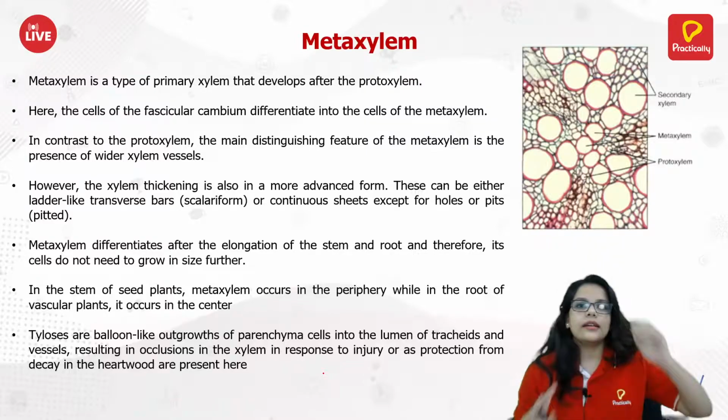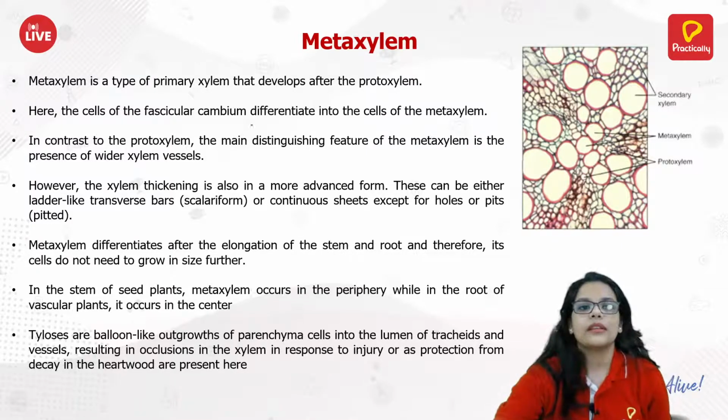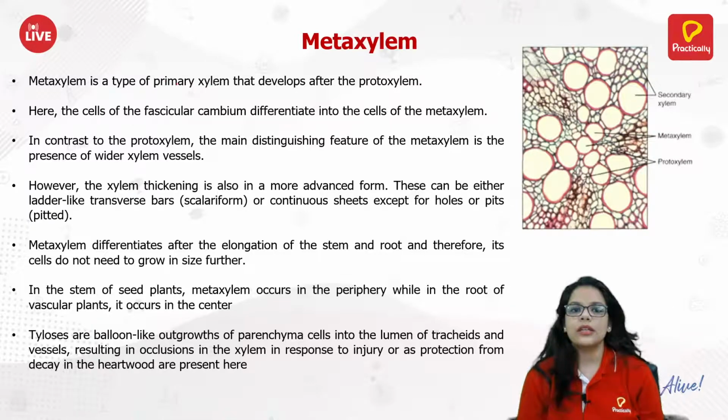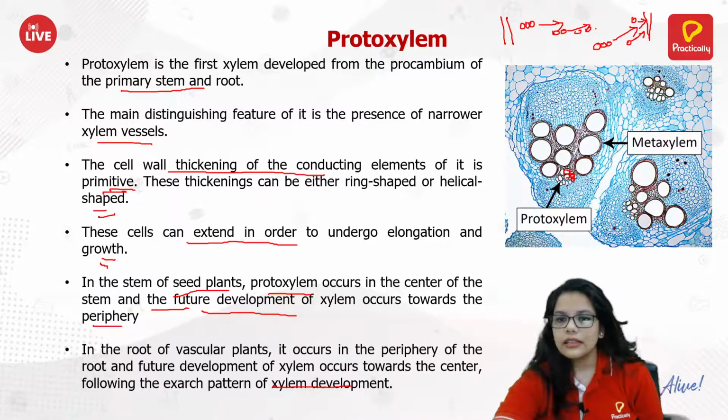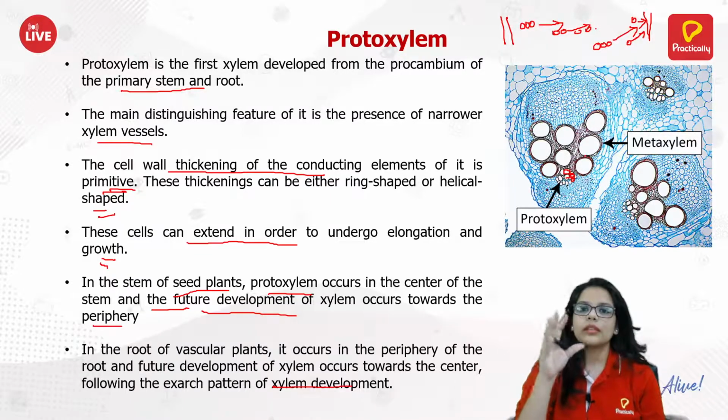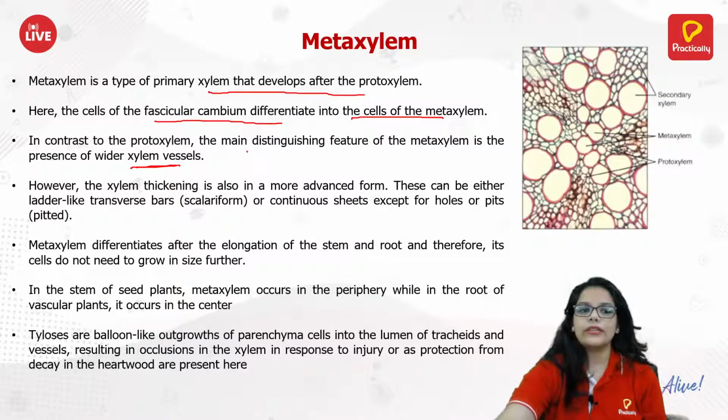Apart from that, there is also metaxylem. That is a type of primary xylem that develops after protoxylem. Cells of the fascicular cambium differentiate into the cells of metaxylem, and in contrast to protoxylem, the main distinguishing factor is the wider xylem vessels. You can see here clearly, these are narrower and smaller, whereas metaxylem is bigger and wider.